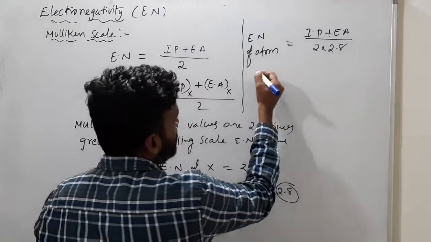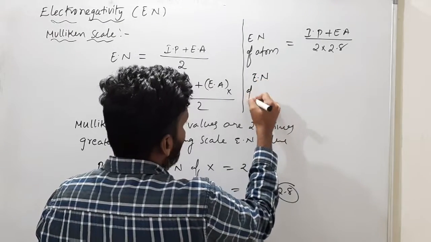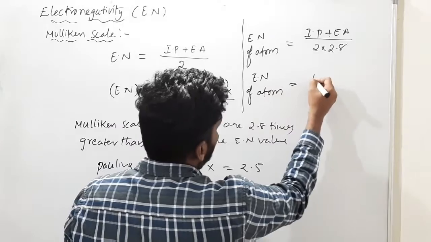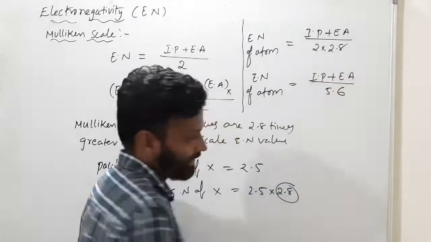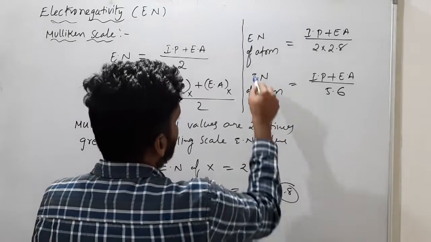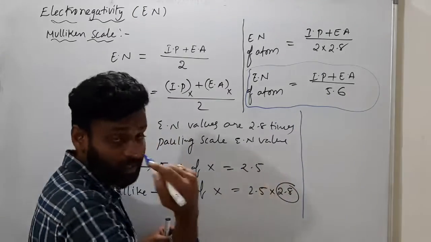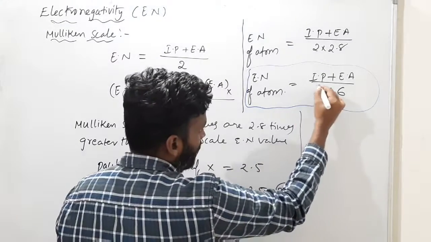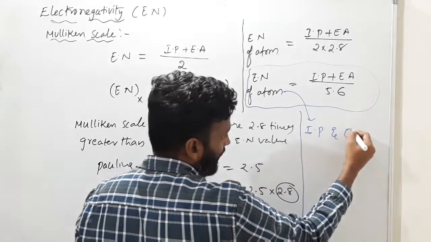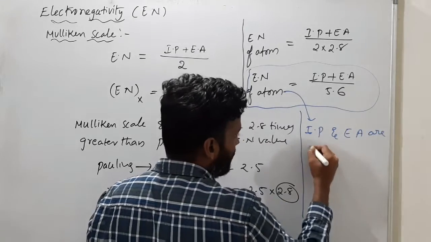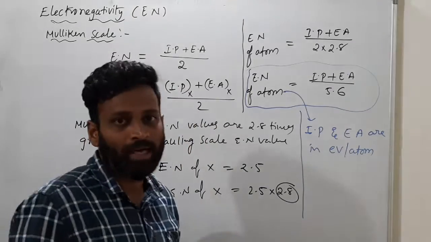So this is very important. What is the electronegativity of an atom finally? This is IP plus EA by 5.6. This is the electronegativity of the atom. Here the most important thing, everyone: in this formula, the ionization potential and electron affinity are in electron volt per atom units, eV per atom.